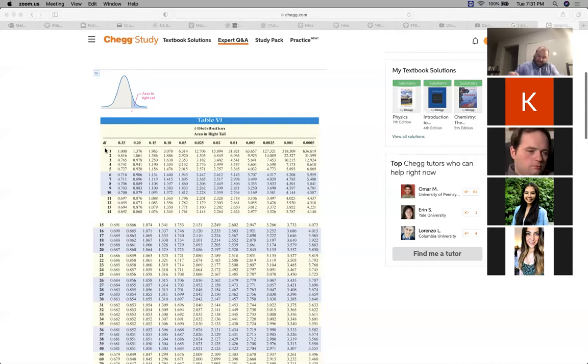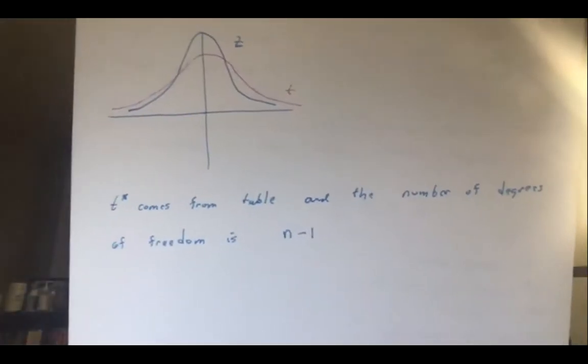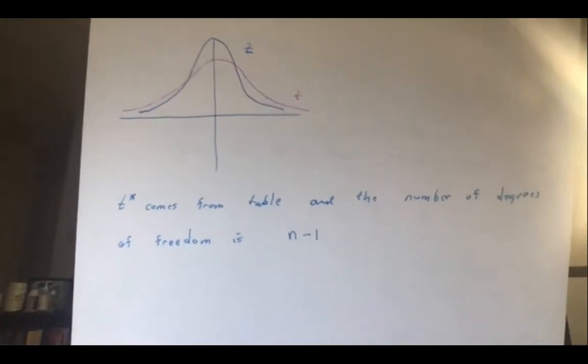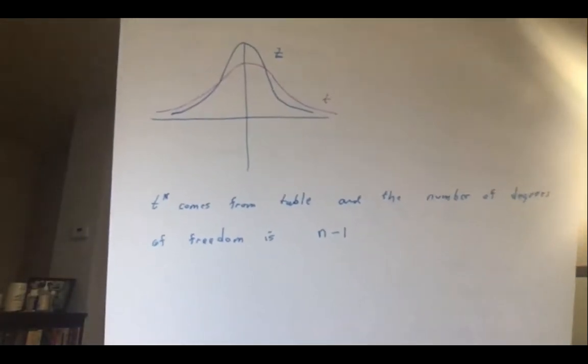So I'm going to write on this chart here that T star comes from table, and the number of degrees of freedom is n minus 1. So if I have, for example, 18 points in my sample, then what do I use for my degree of freedom?